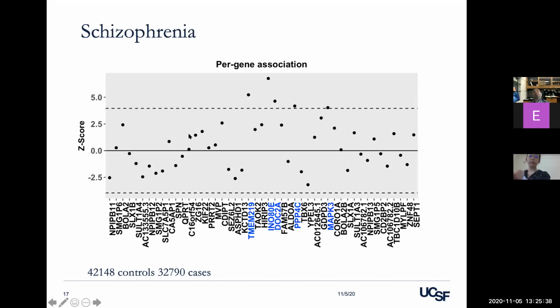If you remember what I said at the very beginning, schizophrenia is associated with duplications of these regions. And this is what we see here. For these genes, we see a positive association. The numbers on the y-axis represent direction of association, a positive association between the expression of these genes and schizophrenia.